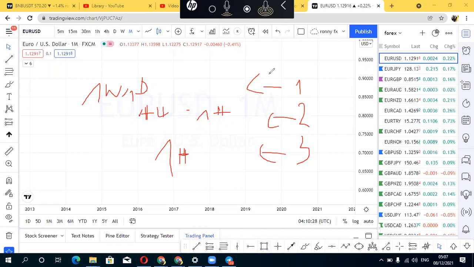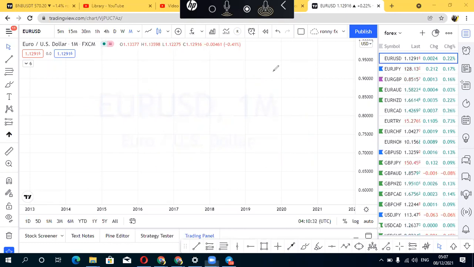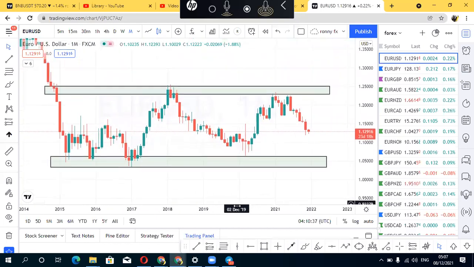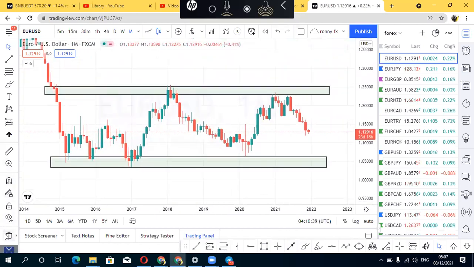Drawing trend lines has some rules. For me to draw a trend line, I must be able to spot two diagonal points on my chart, either a higher high or a higher low.